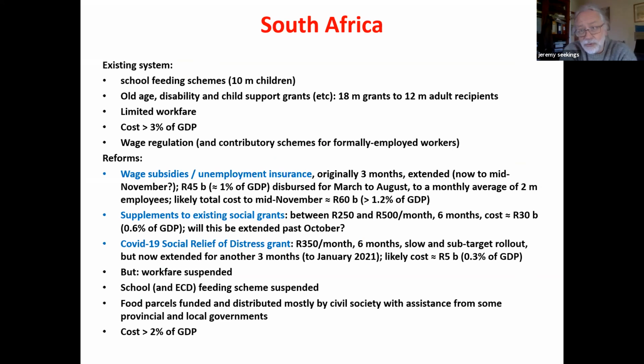And then of course there's also labour market interventions, wage regulation for workers and so on. Right? But it's a highly developed social assistance system which is particularly important in this African case.